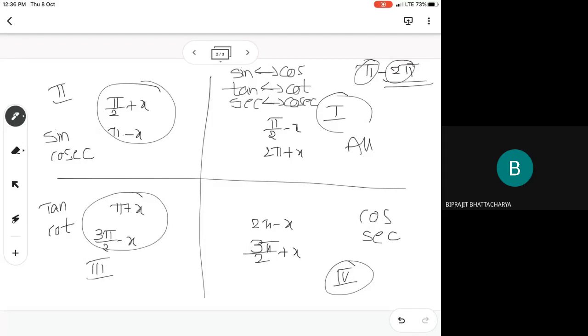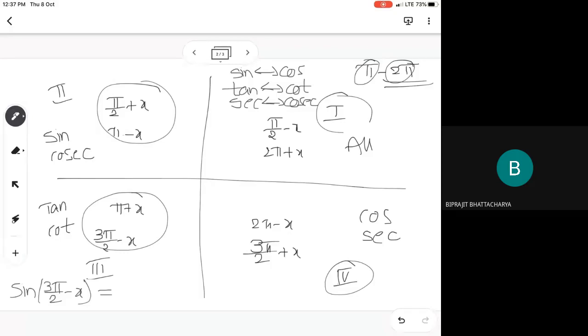Suppose, as an example, I give you sin 3 pi by 2 minus x. First, in which quadrant is 3 pi by 2 minus x? Third quadrant. What will sin be in the third quadrant?